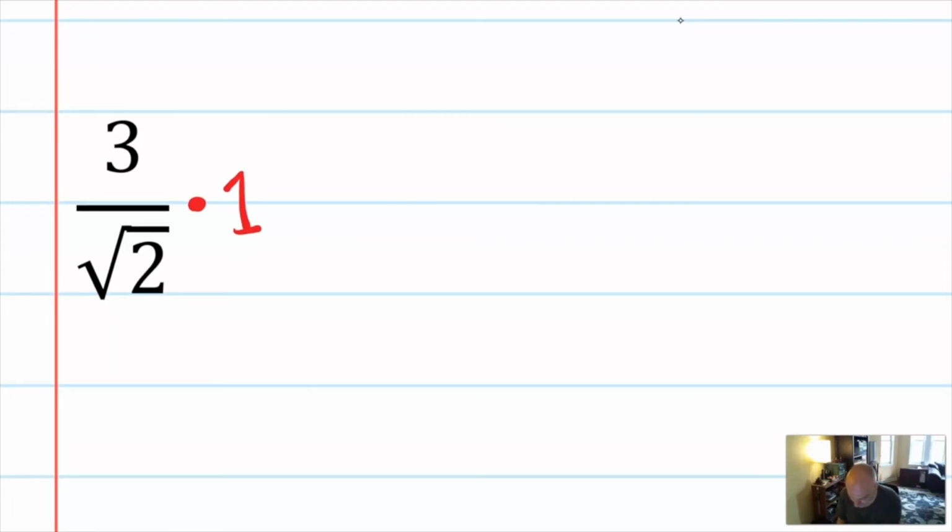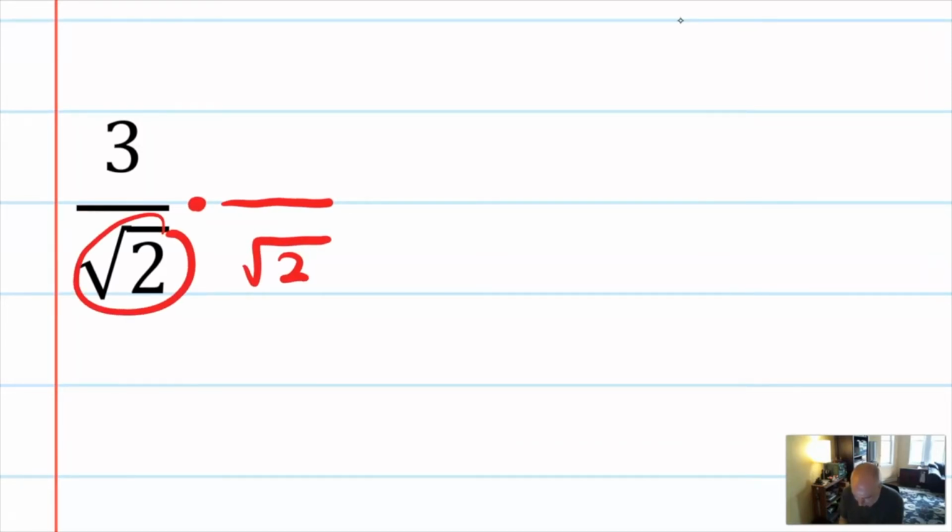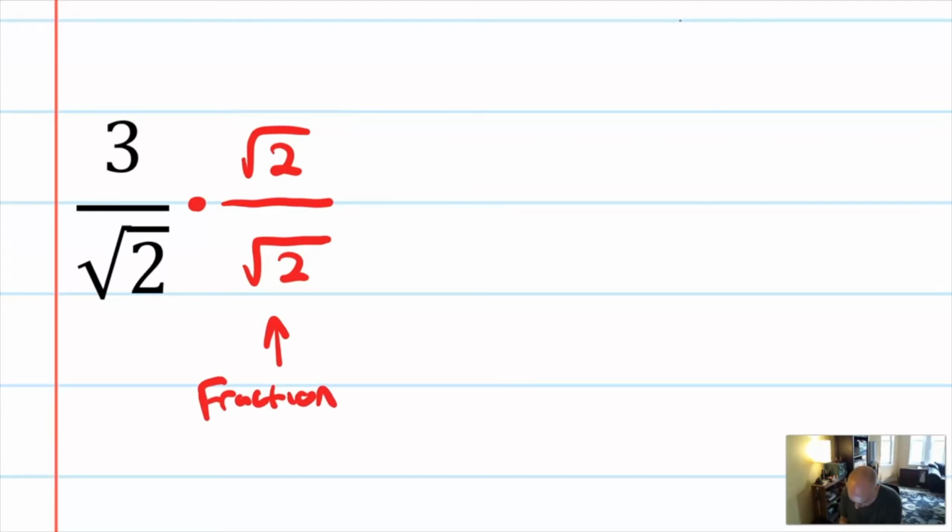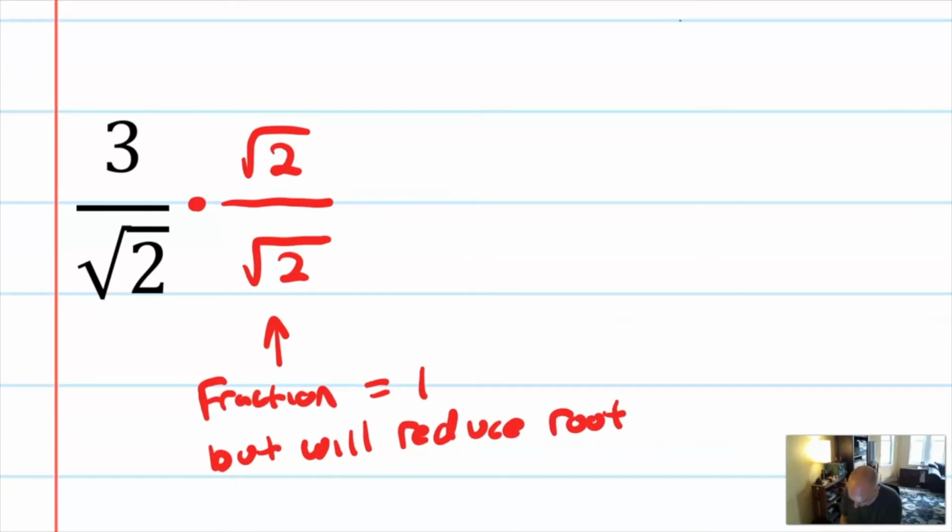Now I'm not going to multiply by 1. Why don't I multiply by 1 over 1? That's the same thing. Well, I'm not going to multiply by that. What I really want to multiply by is something that will make this root reduce. So I'm going to pick a fraction that is equal to 1, but will reduce the root in the denominator.